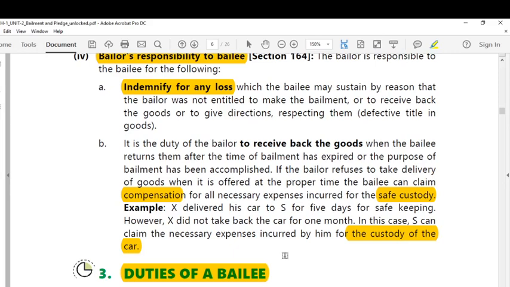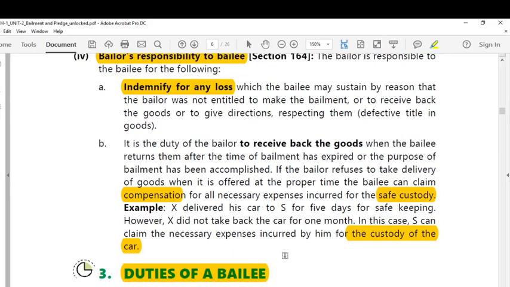S has to keep it in safe custody, for which he would have incurred some expenses, and whatever expenses Mr. S incurred are to be borne and reimbursed by Mr. X, who is the bailor, because it is his duty to take back the goods once the purpose is complete or the time of bailment has expired.